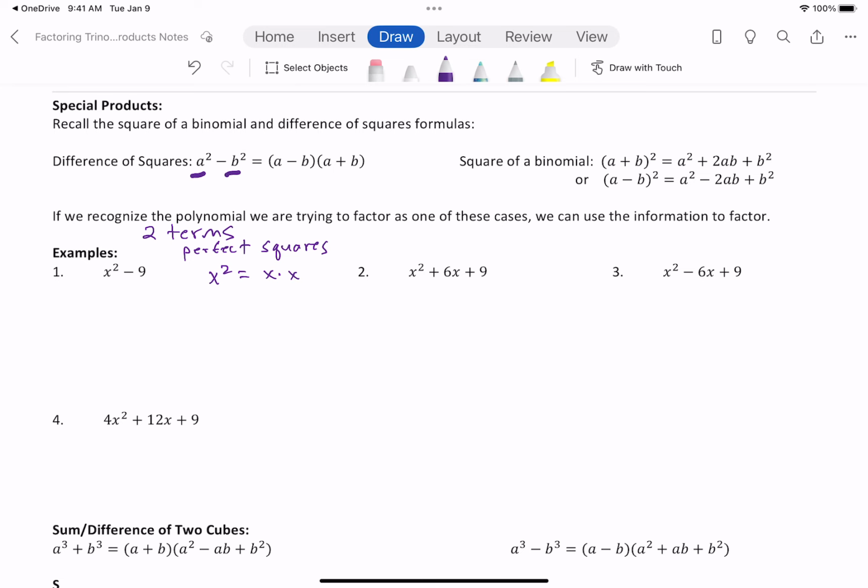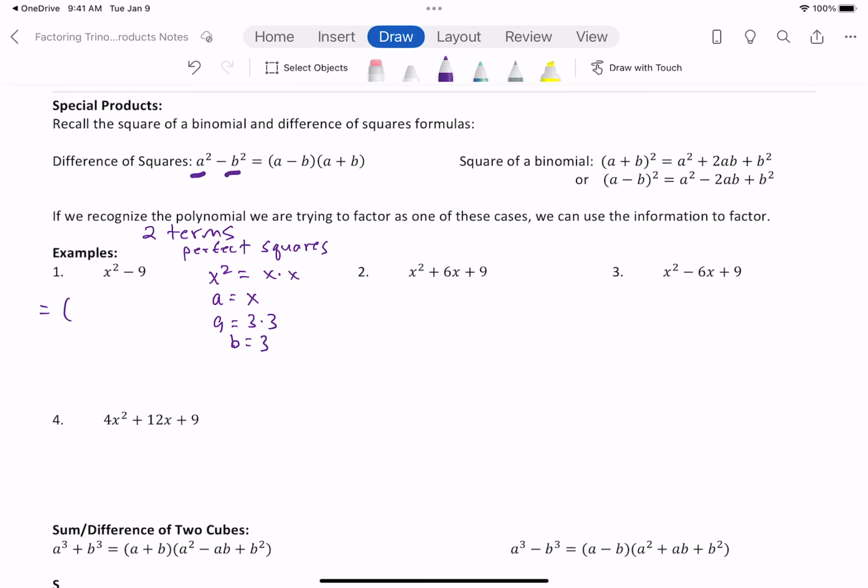X times x is x squared. So that means that my a would just be x. And if I have 9, what I have to multiply times itself to get 9 is 3 times 3. So that means my b would be 3.